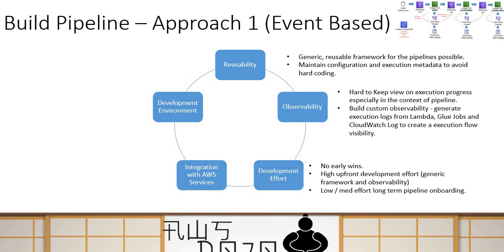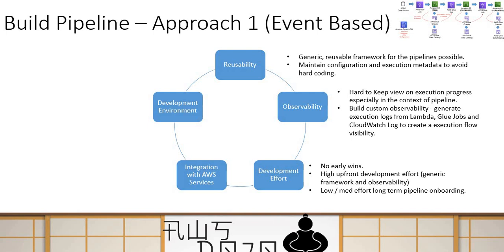There's a high upfront development effort for creating the generic, reusable framework and observability. But once you have built that framework, it's a low to medium effort for onboarding new pipelines. When you are building a new pipeline, you need to create certain Glue jobs, certain crawlers, and then simply put their configuration into your DynamoDB table where you're maintaining the metadata for your pipeline.